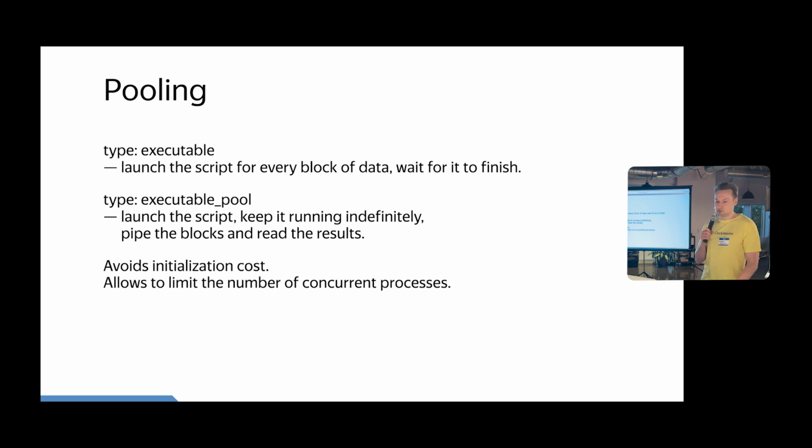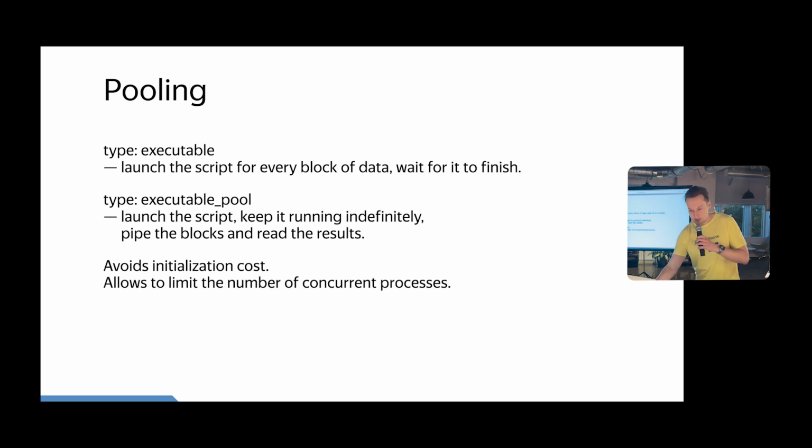The first method is pooling. You just change the type from executable to executable pool. In the first mode, it will launch the script for every block of data, wait for it to finish, read the result, then launch it again for the next block of data.